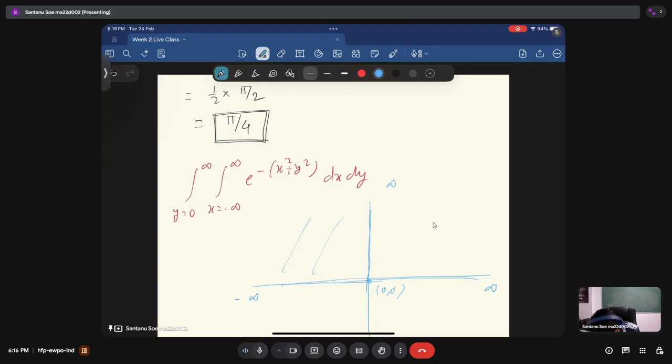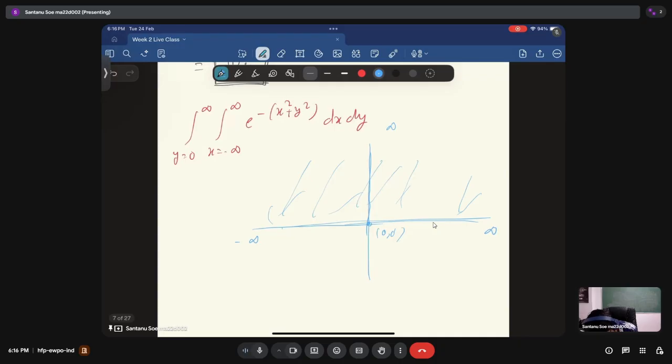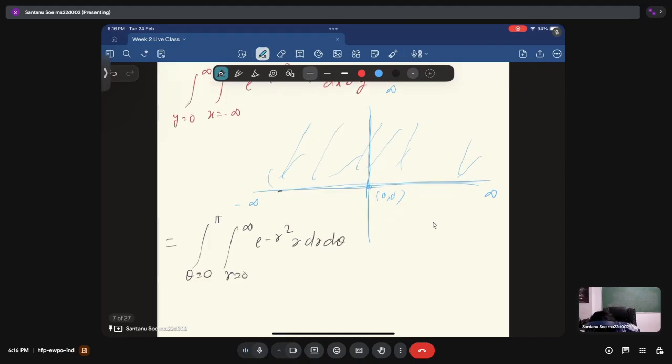So this is the whole region, correct? In this case, since this is theta equals 0 and this is theta equals pi, the integration will change to theta equals 0 to pi, r equals 0 to infinity, exponential of minus r square, r dr d theta. So this should be the integration.